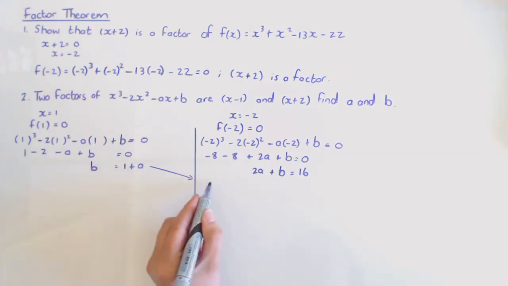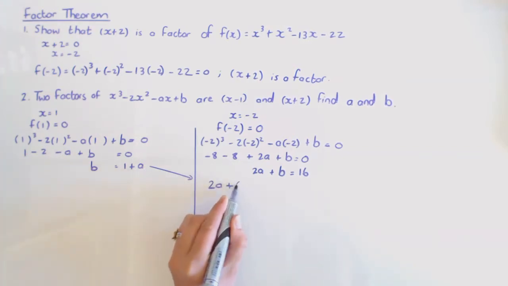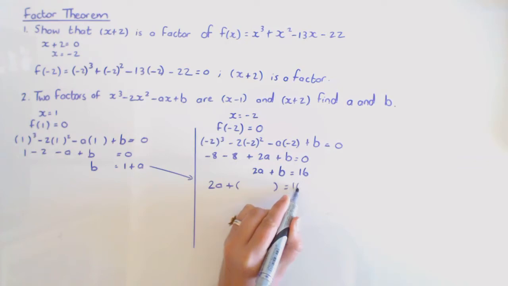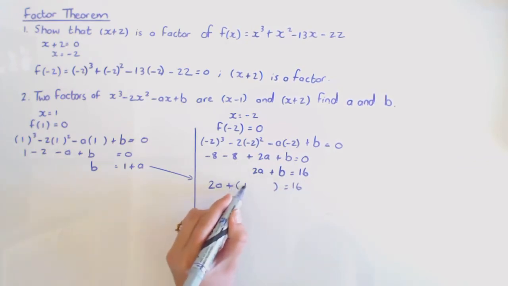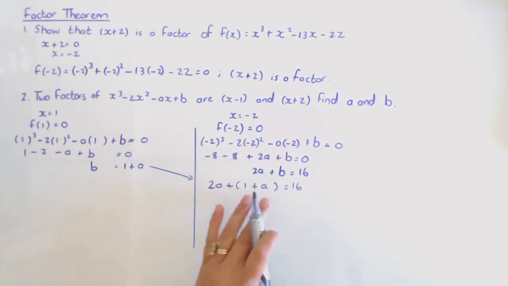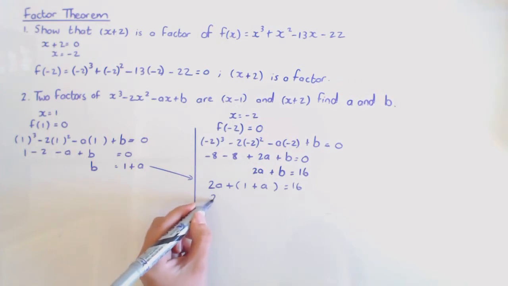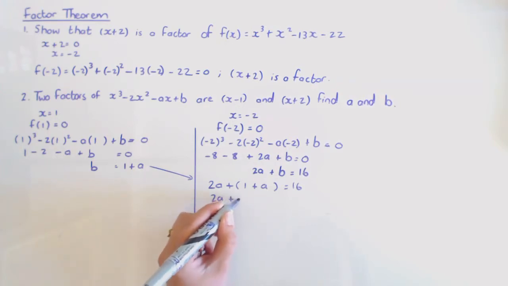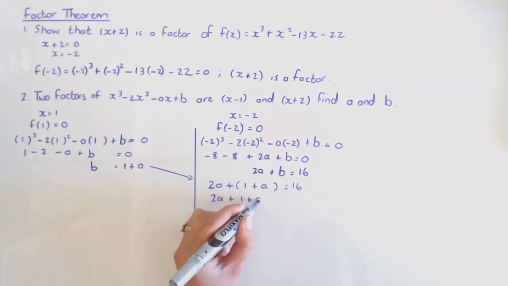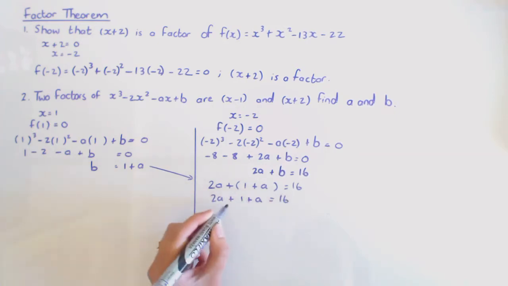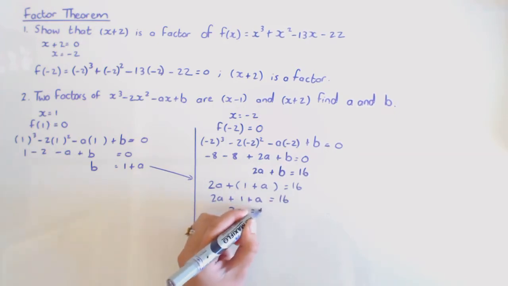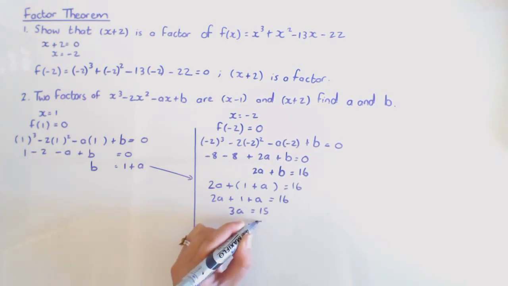B is 1 plus a, so this b in this equation must be 1 plus a. And then I simplify this a little bit. 2a plus 1 plus a equals 16, so 3a equals 15, so a equals 5.